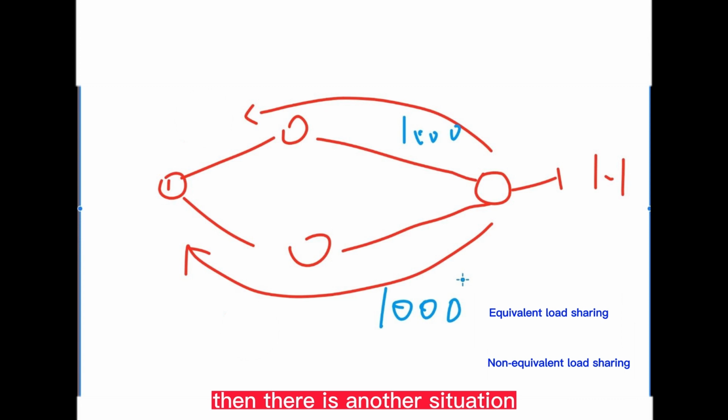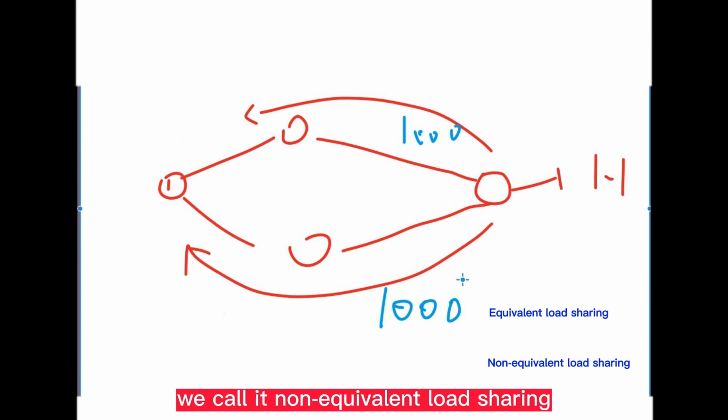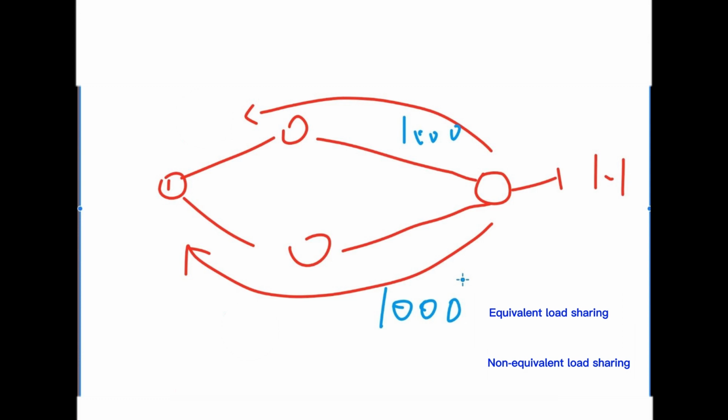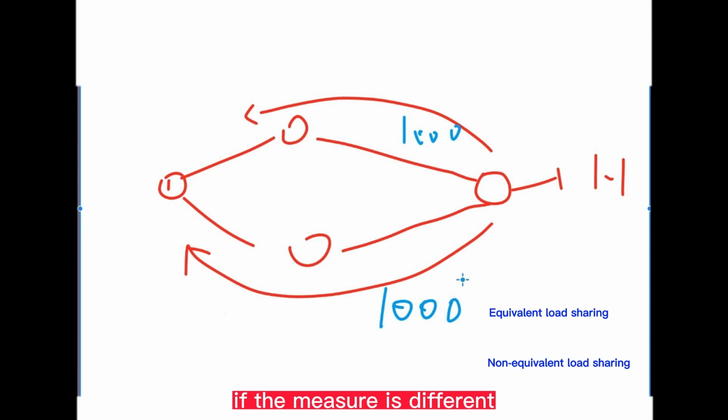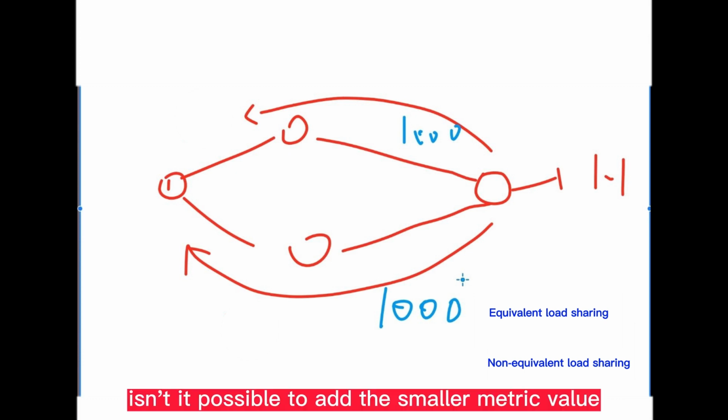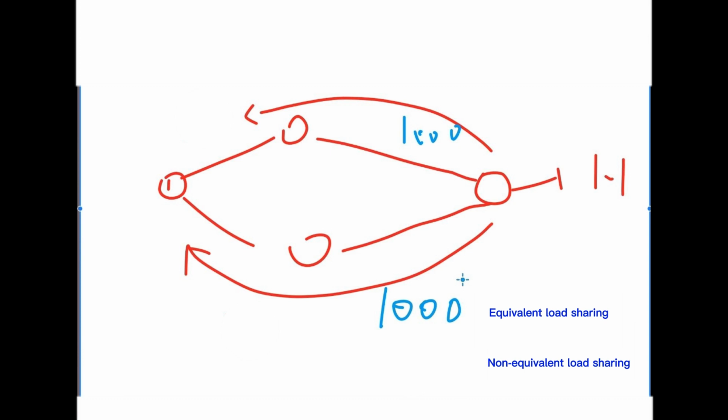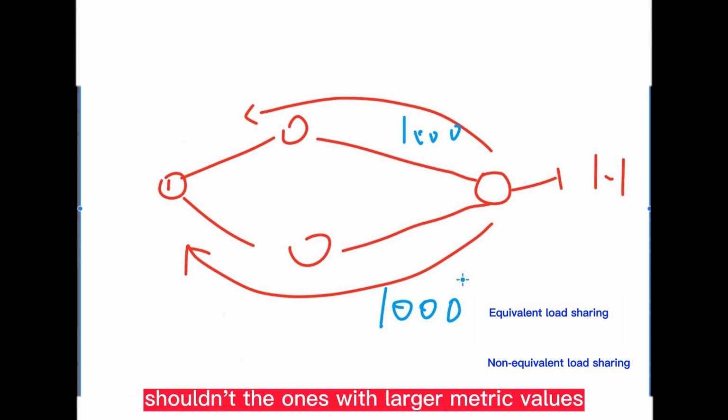Then there is another situation. If the metric is different, we call it unequal-cost load sharing. But you may find it a bit strange. If the metric is different, isn't it only the smaller metric value that is added to the routing table? Shouldn't the ones with larger metric values not be added?